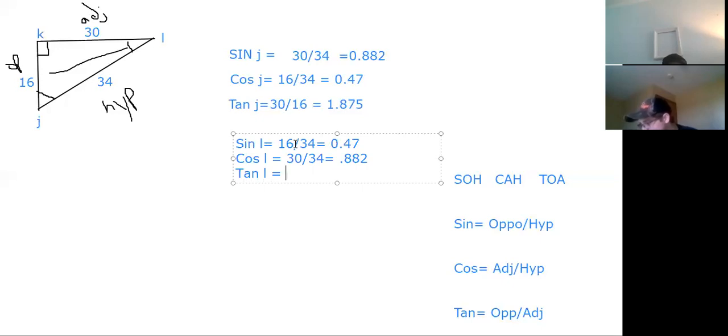What about the next one? Tangent of L is opposite over adjacent. So that'd be 16 over 30. And that equals 0.53. Okay.